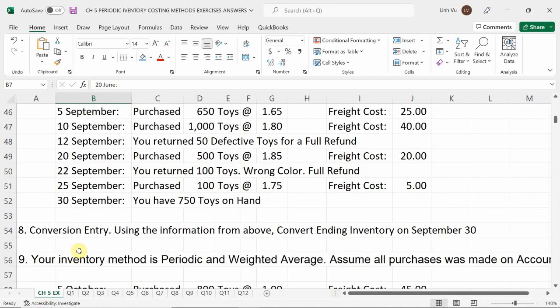So then September 22nd, you end up returning 100 toys, the wrong color, and you didn't want any discount. You wanted a full refund. So in this case, you're going to return 100 toys. They were the wrong color and you're not willing to accept anything, so you want a full refund.